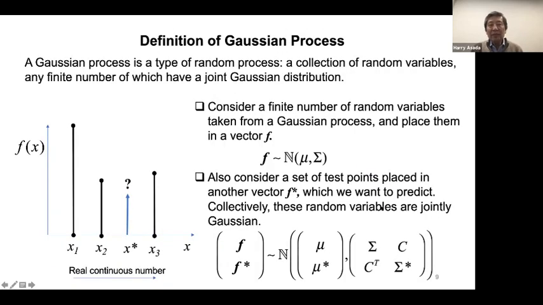So, the definition of a Gaussian process. A Gaussian process is a type of random process because, remember, it's a collection of random variables, right?